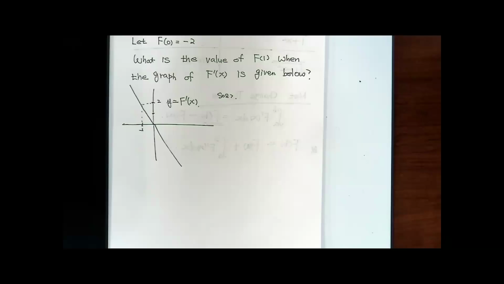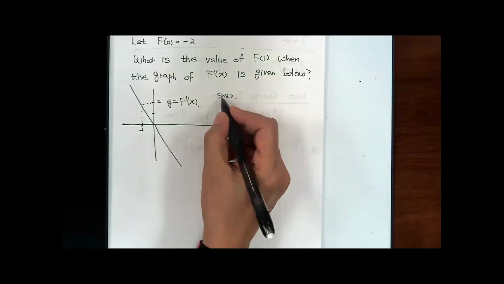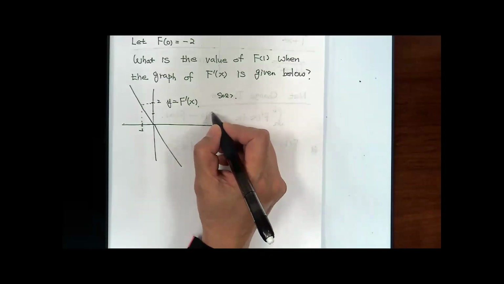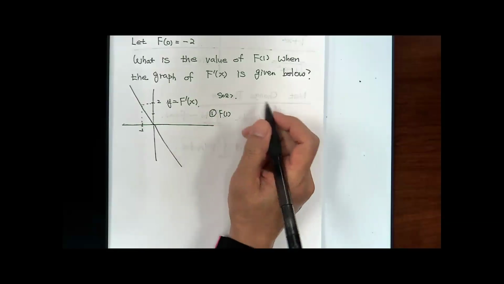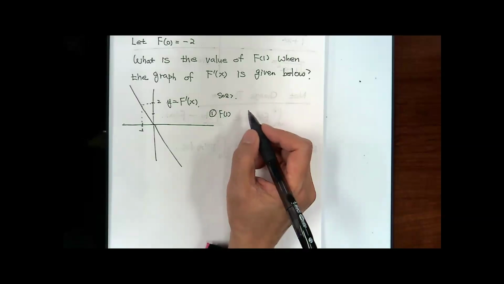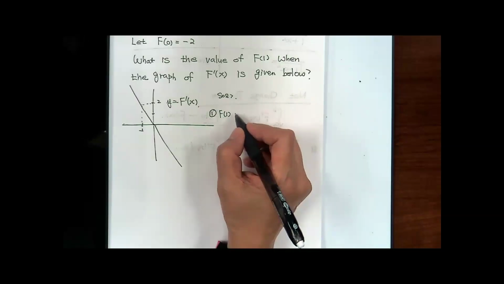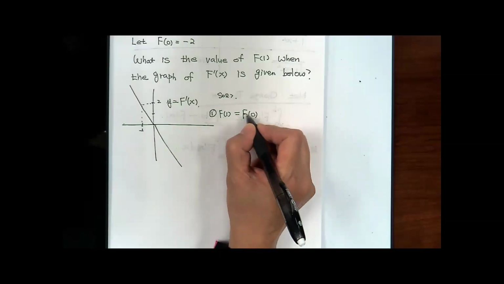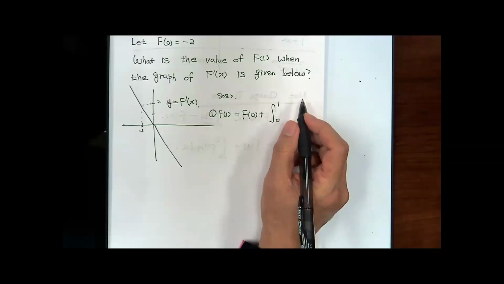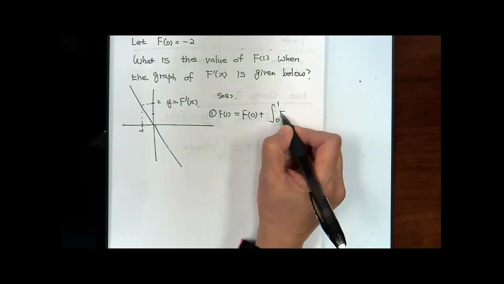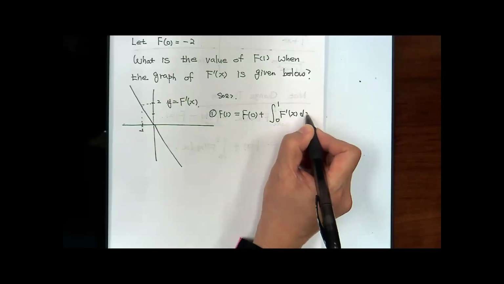We want to use the net change theorem. In this case, we have f of 0. So firstly, we have to think about what is the net change theorem. When we apply that theorem to this situation, f of 1 is f of 0 plus integration 0 to 1 f prime of x dx.